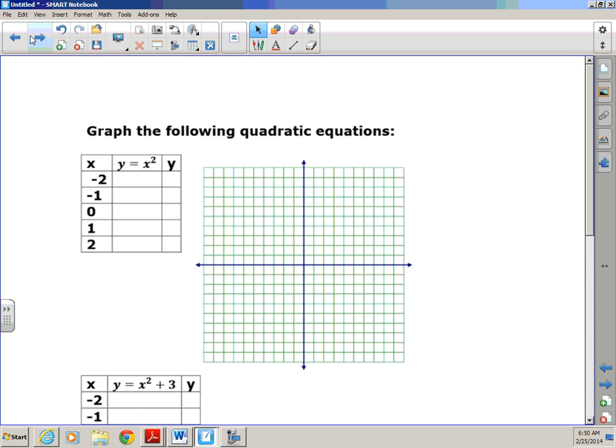So let's do some very simple examples here. We want to graph the following quadratic equation: y equals x squared. And I'm going to give you the values to use.